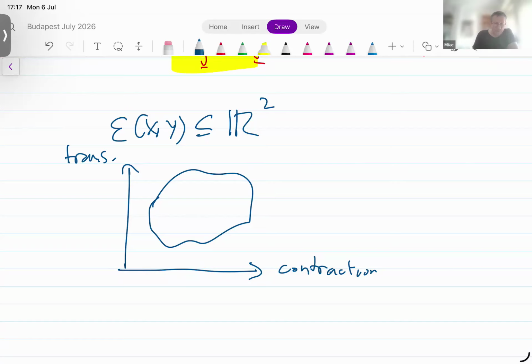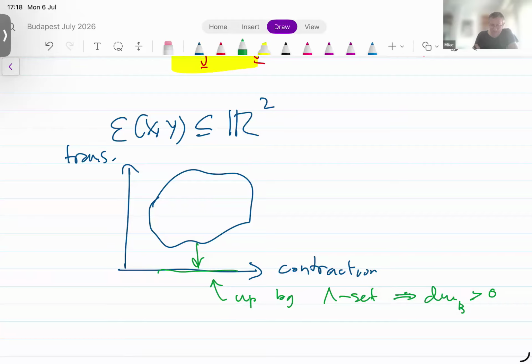And what I told you so far is that when you project down from this subset of R2 to the space of contractions, then down here, up to a log, you have a lambda set, and therefore the box dimension is positive. Not very positive, but maybe a tiny bit positive.